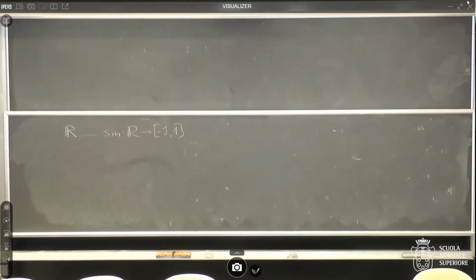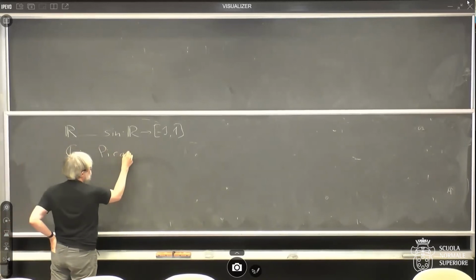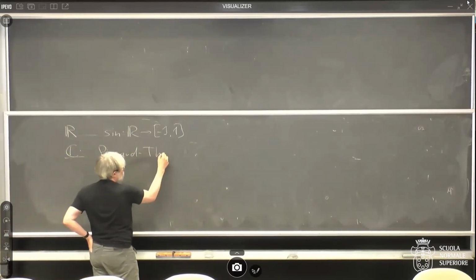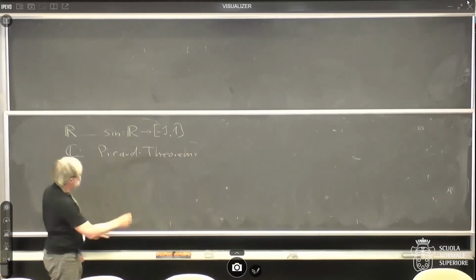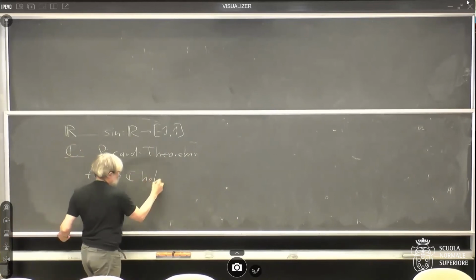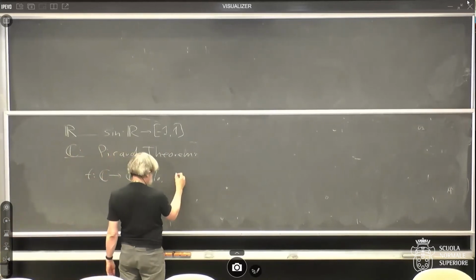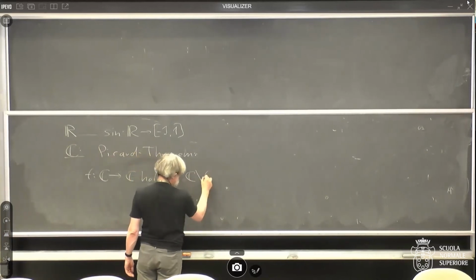And the interesting thing is that over the complex numbers, the situation changes. One has a Picard theorem, and it tells you that if you have a holomorphic function from C to C, which is not constant, then you can avoid at most one point.